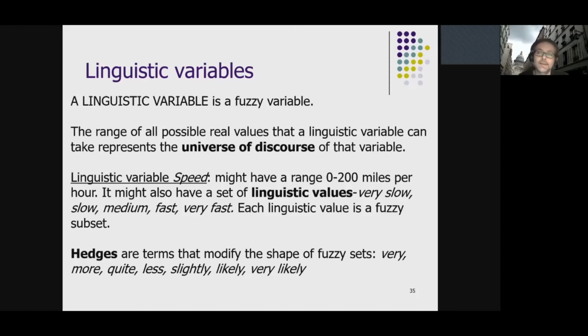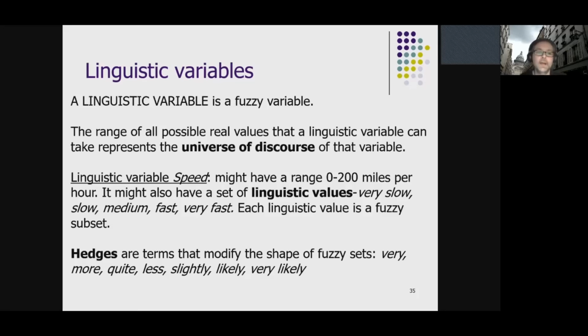In fuzzy logic, the linguistic variable speed will take linguistic values like very slow, slow, medium, fast, very fast. Each one of these linguistic values is a fuzzy set. It's not one number, it's a set of numbers participating in this fuzzy set with different degrees of membership.